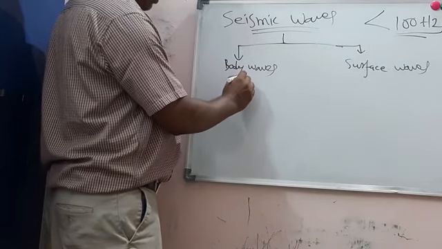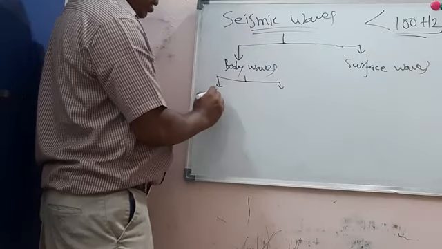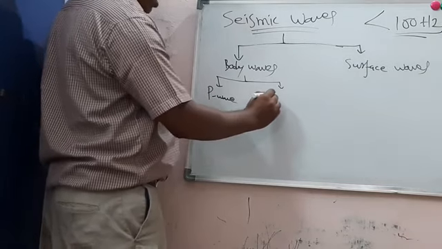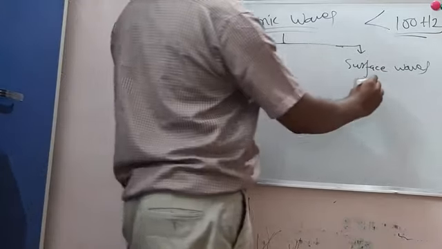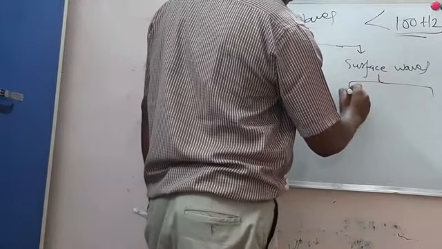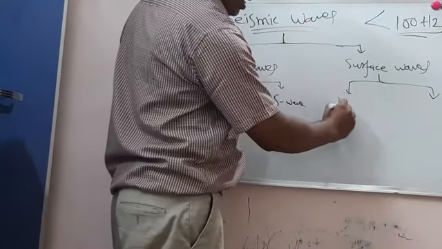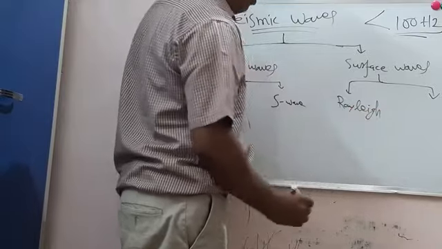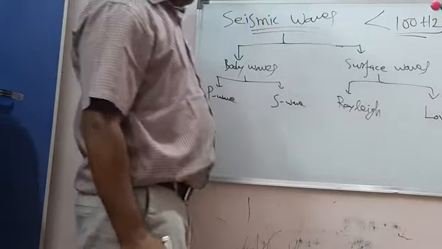Body waves are further classified into two types: the P wave and the S wave. Surface waves are classified into two: one is Rayleigh waves, and another one is Love waves.